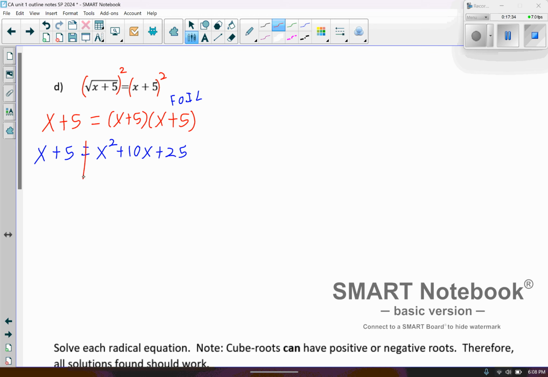Now it's time to set this equal to 0. So we're going to go ahead and subtract x from both sides and subtract 5 from both sides. So that zeroes out the left side. And then on the right side, I'm left with x squared plus 9x and then plus 20.